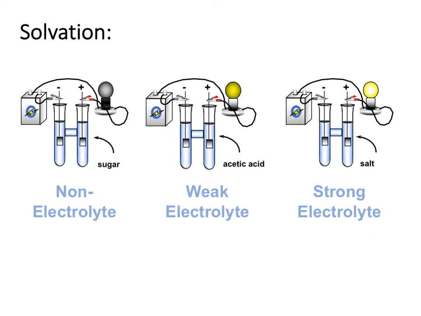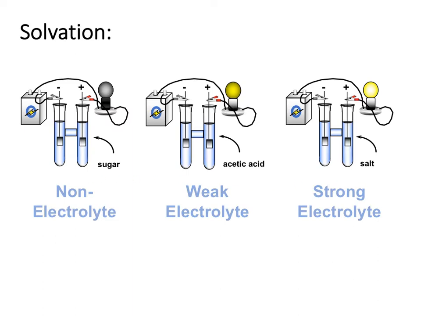So we have a solution that contains sugar and water, one that has acetic acid and water, and one that has something like sodium chloride. So basically what we have here is molecular solvation, ionization, and dissociation. Okay, and so the quantity of ions present in each of these solutions is going to increase as we go from left to right here.